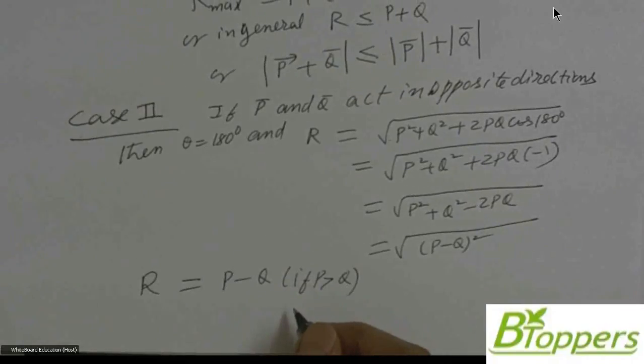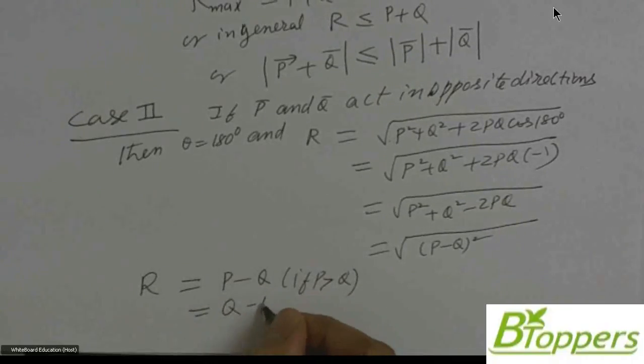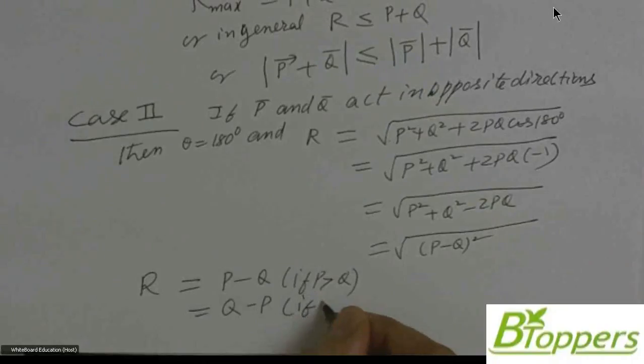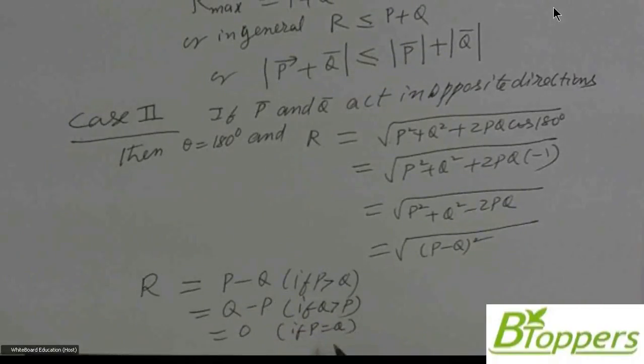Remember that the modulus of a vector cannot be negative. So the modulus or magnitude of the resultant vector cannot be negative. So R can be written as Q minus P if Q is greater than P. Suppose the two vectors P bar and Q bar have same magnitude but act in opposite directions, then magnitude of the resultant will be equal to 0.